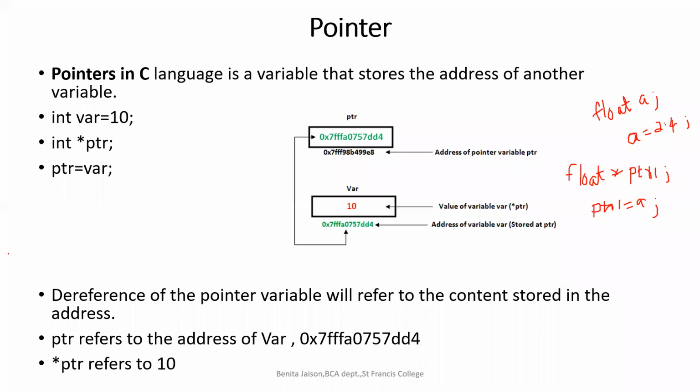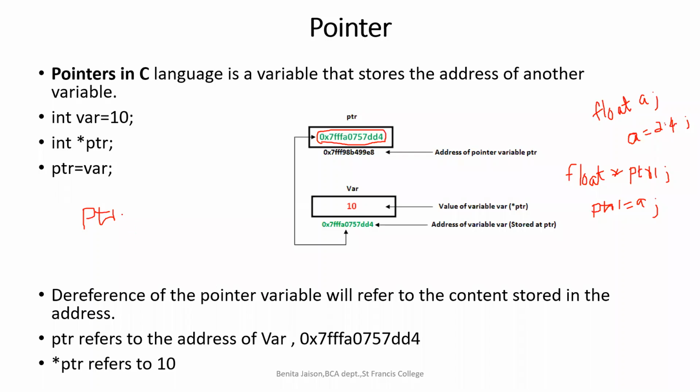So one more thing. If I am directly using PTR, listen here, in any of the functions or any of the lines in the statements or in the program, what will be used? It will have the address of the variable called var.